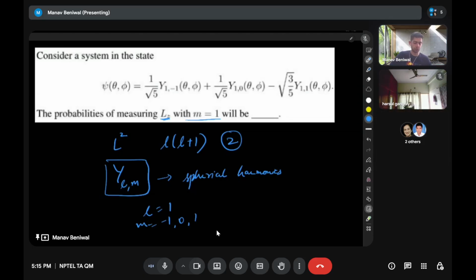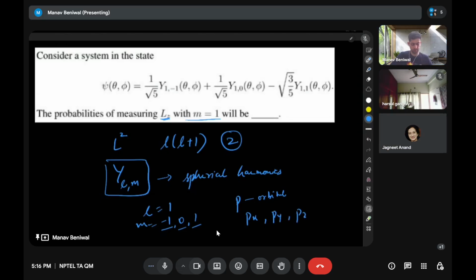L equal to 1 corresponds to our p orbital, and these three then let's say are px, py, pz. So our total wave function is written in terms of px, py, pz. And then they're asking what is the probability that we are measuring pz, m equal to 1. What is the probability?